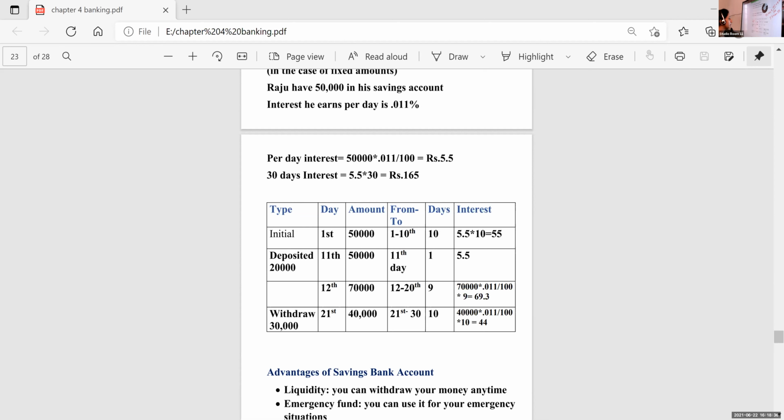Okay, so 10 days are over. Up to 10 days, only 50,000 is in the account. On the 11th day, what is happening? On the 11th day, I have deposited 20,000. Morning there was 50,000, and by afternoon I deposited 20,000.